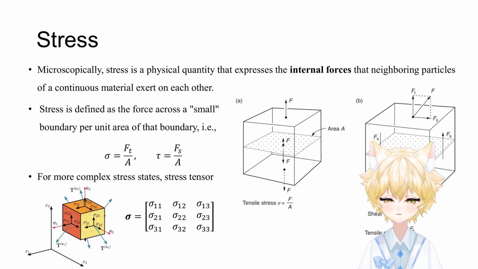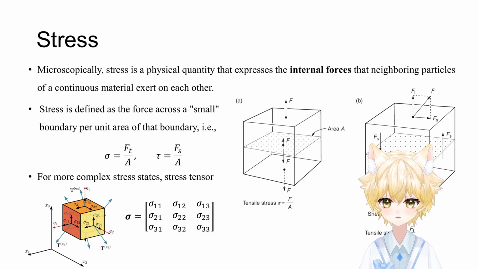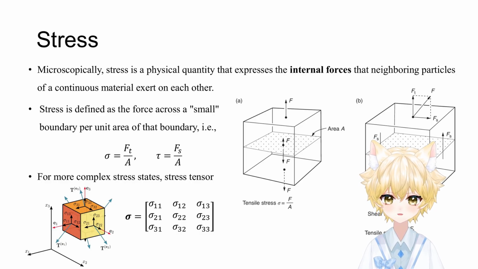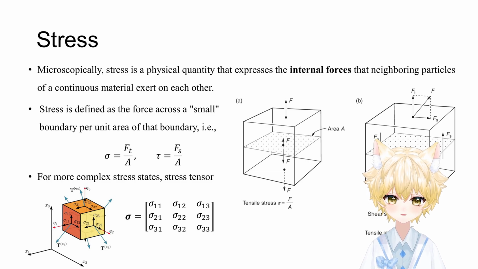The normal component creates a tensile stress in the block. The other component, Fs, also loads the block, but it does so in shear. The shear stress in the block parallel to the direction of Fs is given by tau equals Fs divided by the cross-sectional area A.